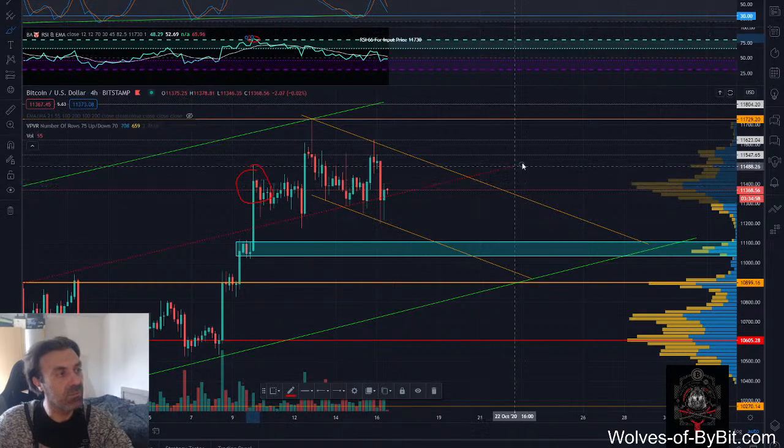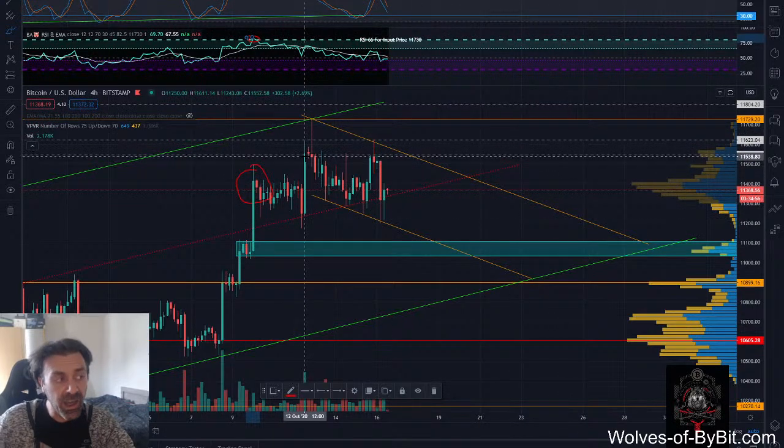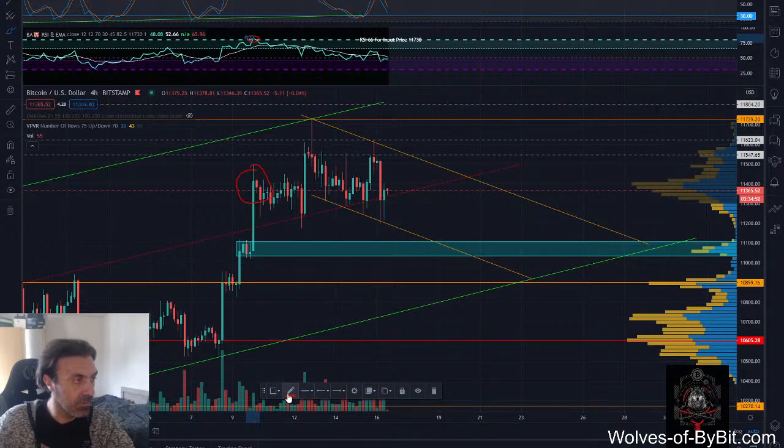It's this one. Now the high of the formation is sitting here. Now let's take another color for this one. And this is this area here.